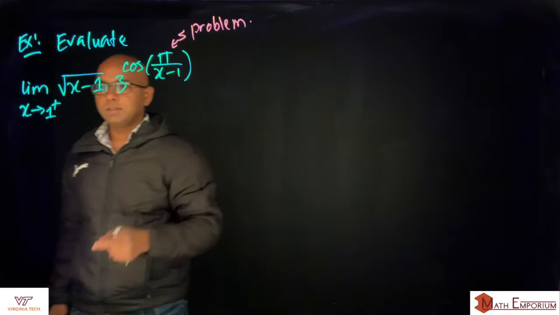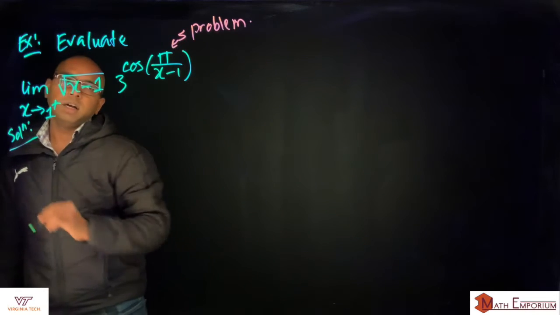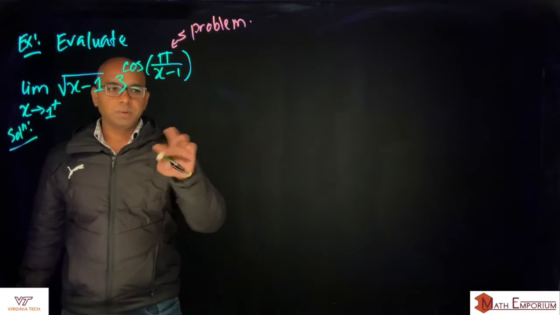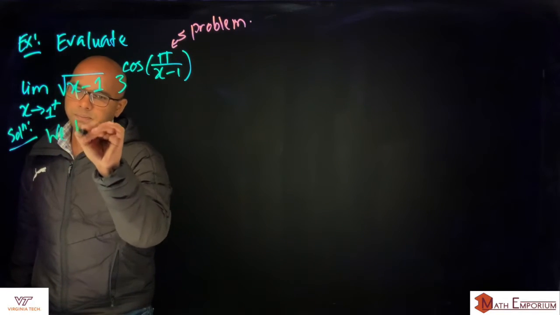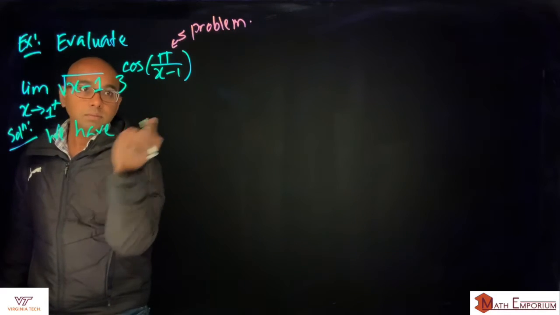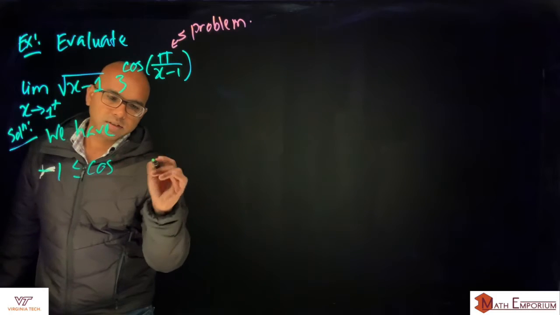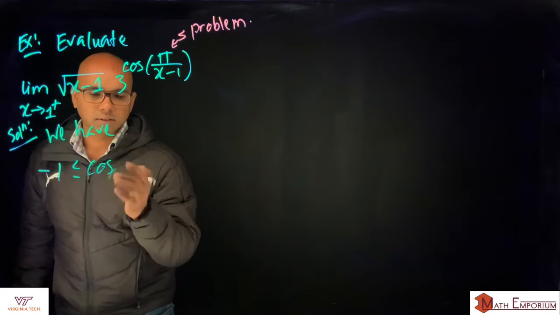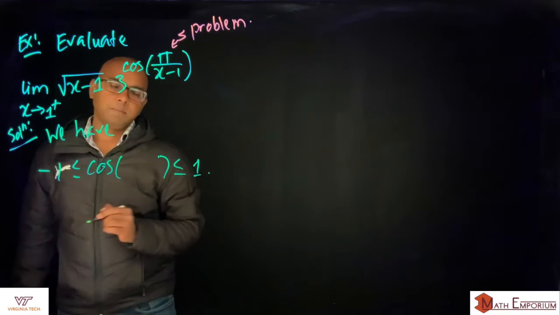Now, how to solve this problem? So, solution. Once again, if you have cosine of sine, the great thing is you can start with that bound from trig. So we have cosine of anything is between -1 and 1.